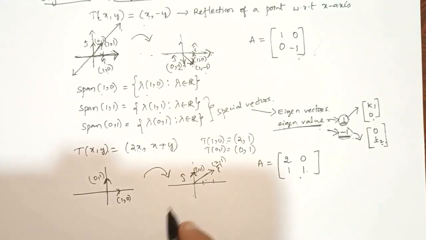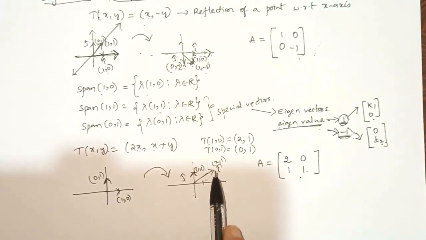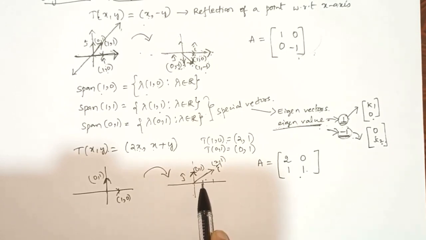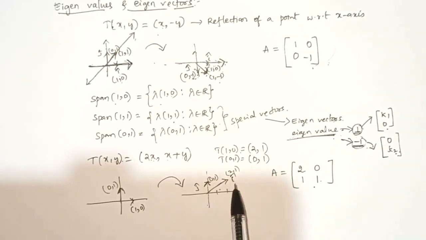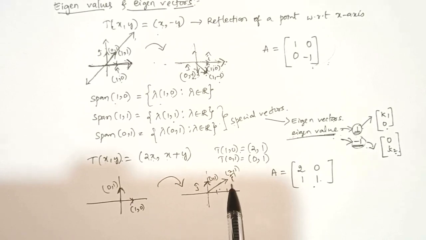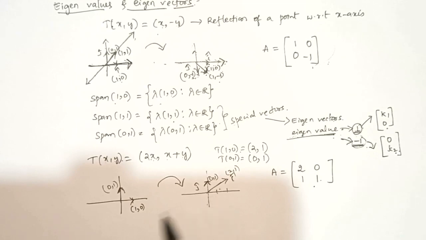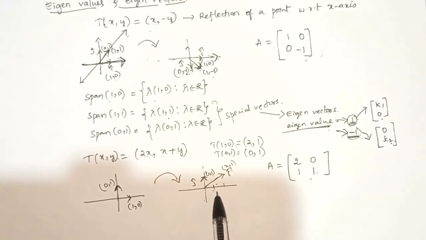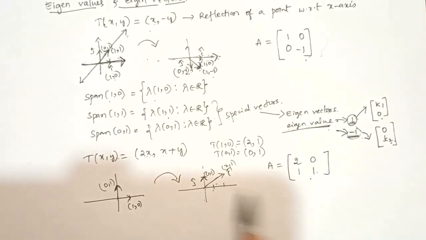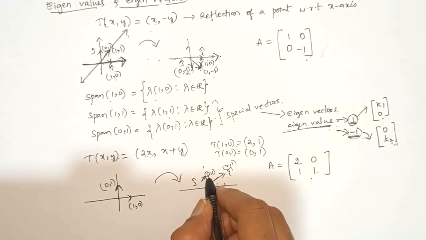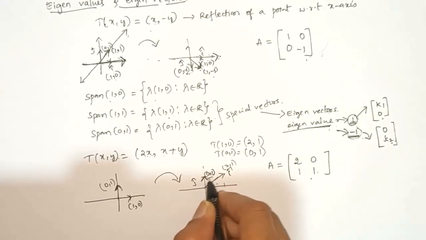Now you have to search for the special vectors which remain in their own span even after applying the linear transformation, and find the value by which they get stretched or squished or remain the same. That particular value is called the eigenvalue. Take any vector like (0, 1); you can say directly it is that special vector.